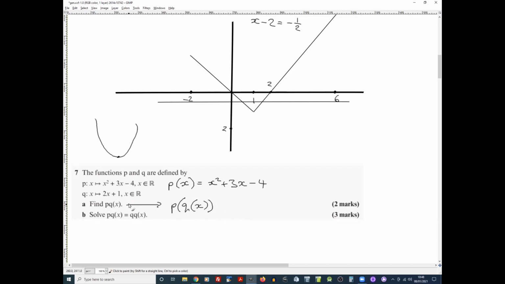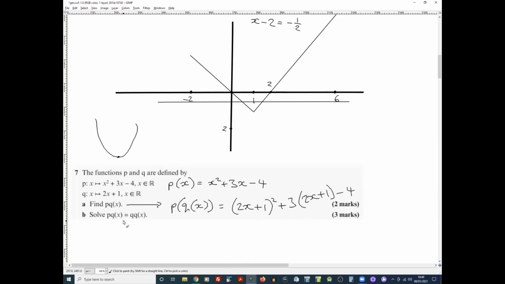I think just put 2x plus 1 into all the x values of P. So 2x plus 1 all squared plus 3 times 2x plus 1 minus 4. Exactly that. And then it would be a simple matter of expanding and simplifying, wouldn't it? Minus 4. And just simplify, yes.